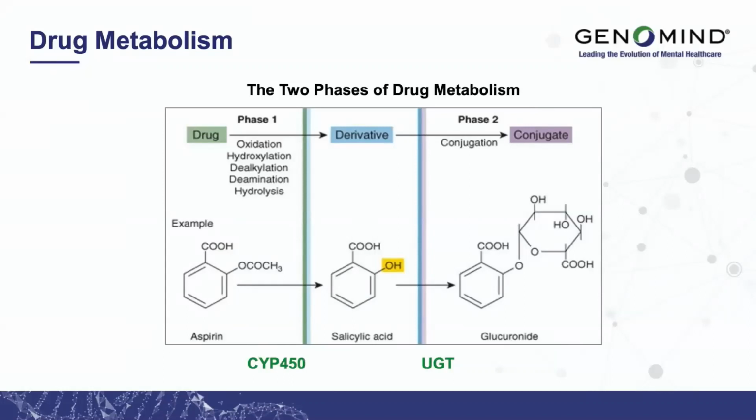These are liver enzymes that do most of the heavy lifting during phase 1 metabolism. There is more variability in CYP450s than any of these other drug metabolism enzymes. Tremendous variability, especially with 2D6, 2C19, 2C9.